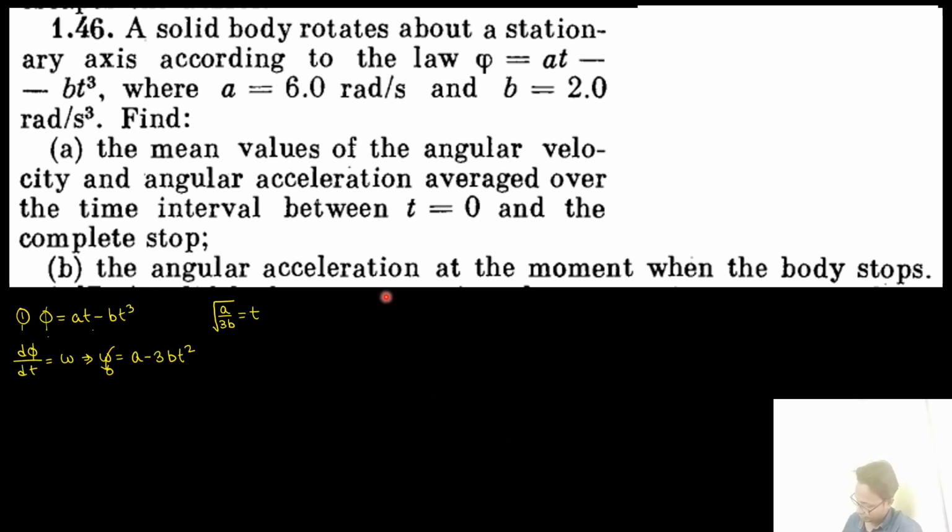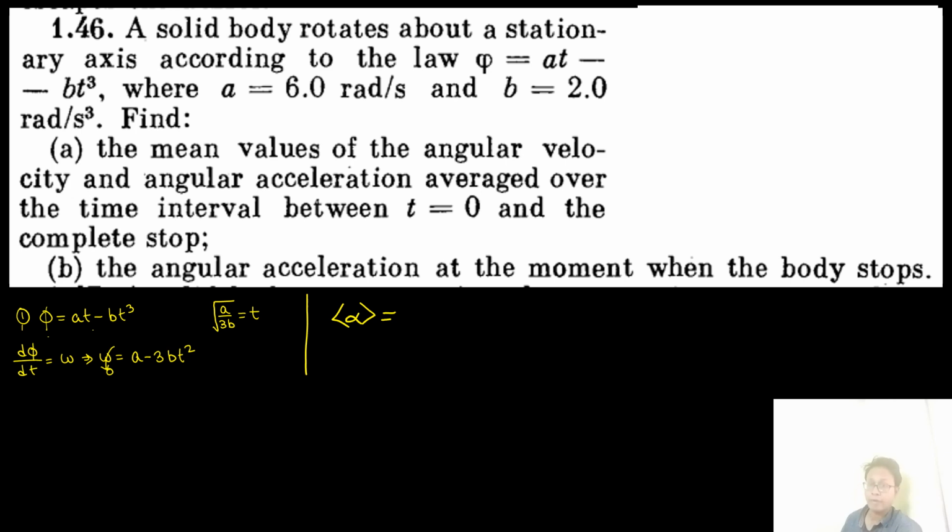The second part of the question is the average angular acceleration. From kinematics, what is the value of average acceleration? Average acceleration is nothing but total change in velocity divided by total time, or final velocity minus initial velocity divided by total time.